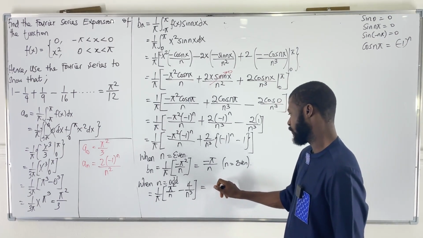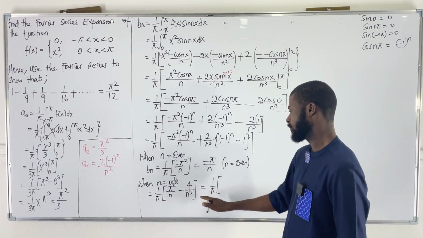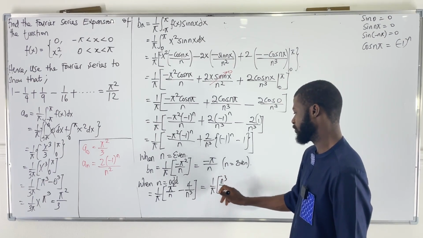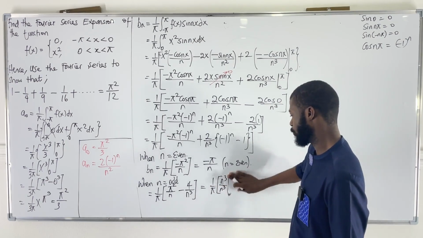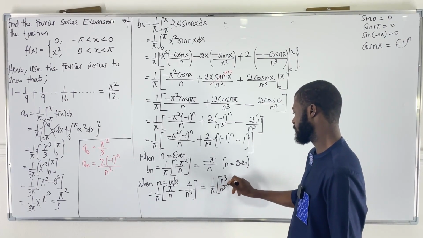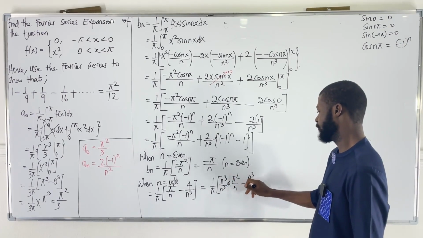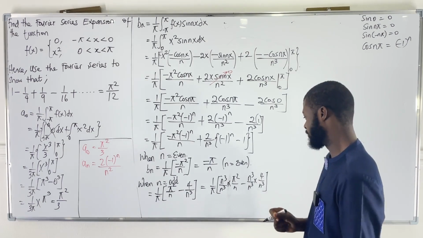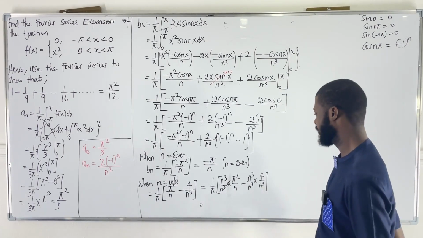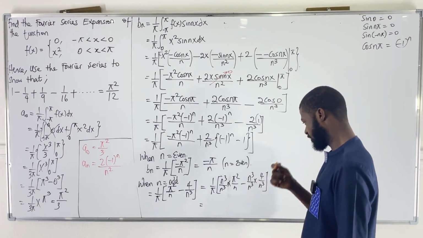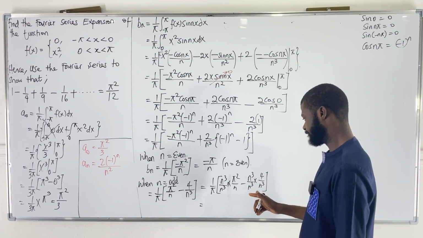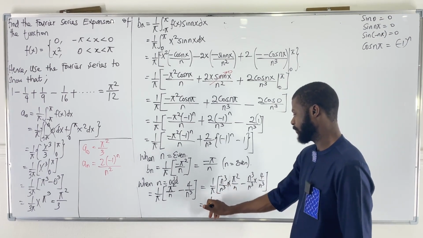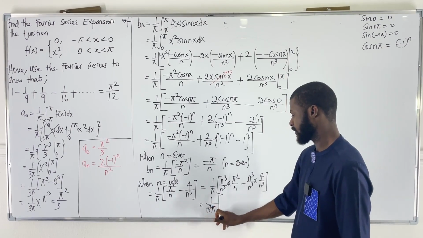So this is 1 over pi, and then if I multiply by n cubed, this will be n cubed over n cubed times pi squared over n, and then minus n cubed over n cubed times 4 over n cubed. Let me bring out 1 over n cubed pi.